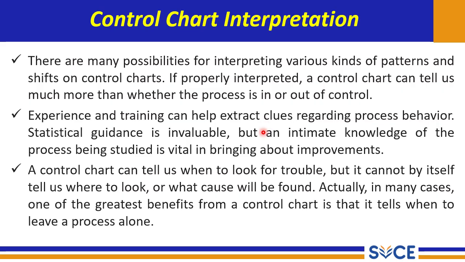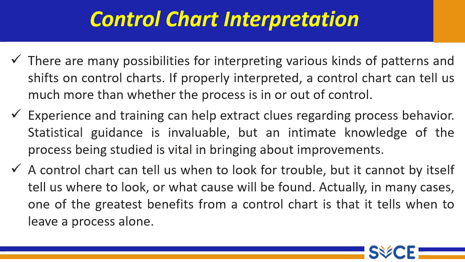Statistical guidance is invaluable, but intimate knowledge of the process being studied is vital in bringing about improvements. A control chart can tell us when to look for trouble, but cannot by itself tell us where to look and what cause will be found. Actually, in many cases, one of the greatest benefits from the control chart is that it tells when to leave the process alone. Okay, so these are some interpretations or advantages you can take.